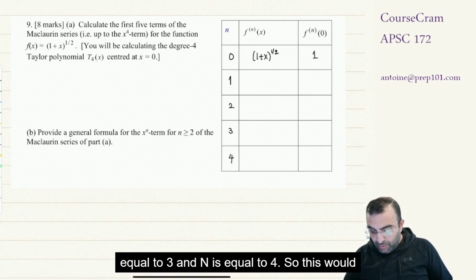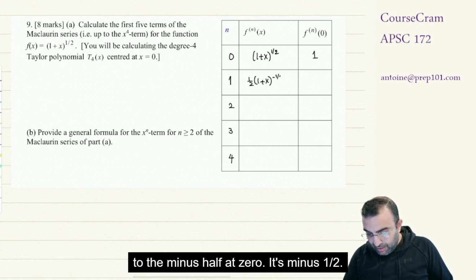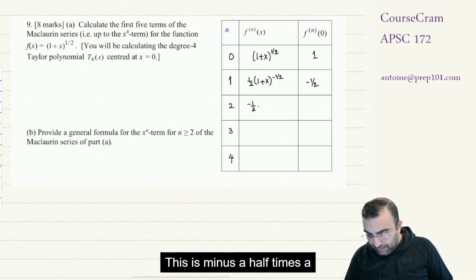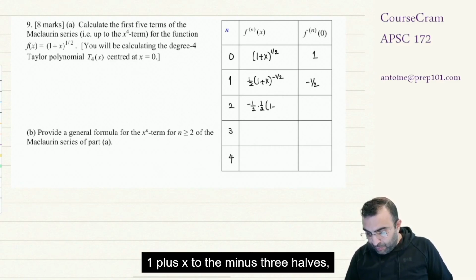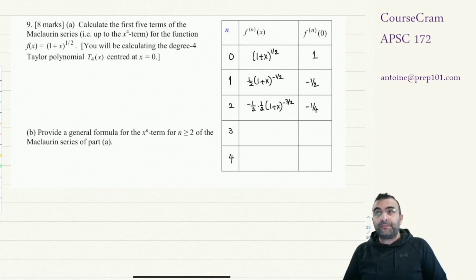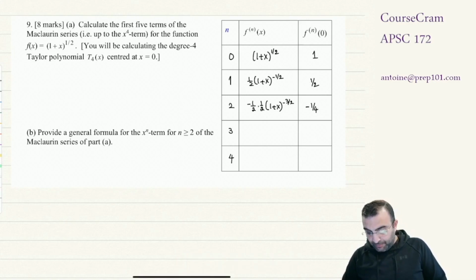So this would be a half, 1 plus x to the minus half. At 0, it's a half. This is minus a half times a half, 1 plus x to the minus 3 halves, so this is minus 1/4. Sorry, it's a half here.